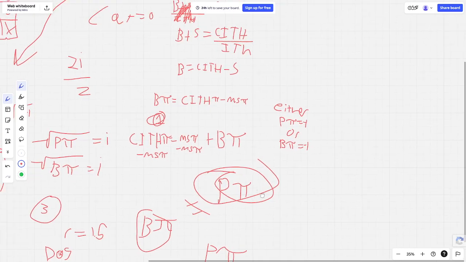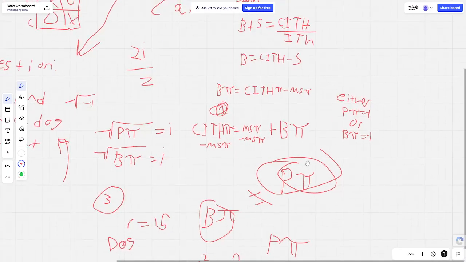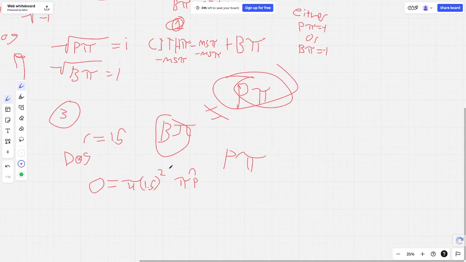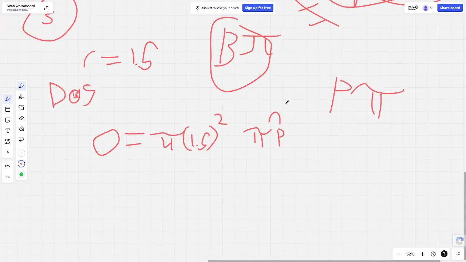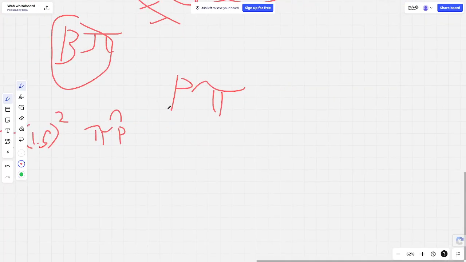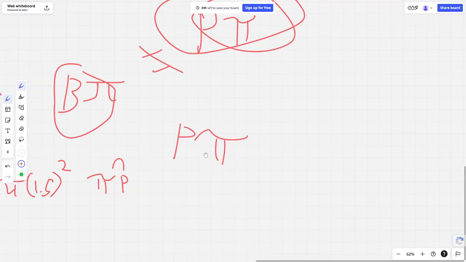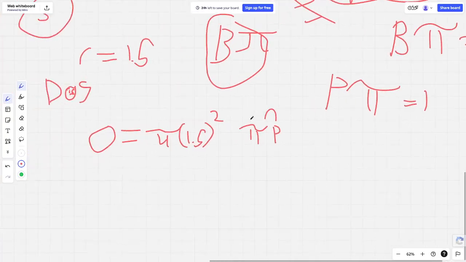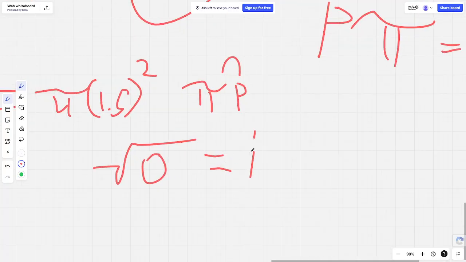And then, wait, no, I can't apply that. I can apply that, actually. I changed my mind. And then, actually, we're gonna use the beginning thing, and we know, since p pi is pumpkin pie, then you can actually say b pi equals 0, which we already found out, which means this has to equal 1. So if you square root this, then we know the square root of a circle equals, it would be I. And then I am the square root of a circle.